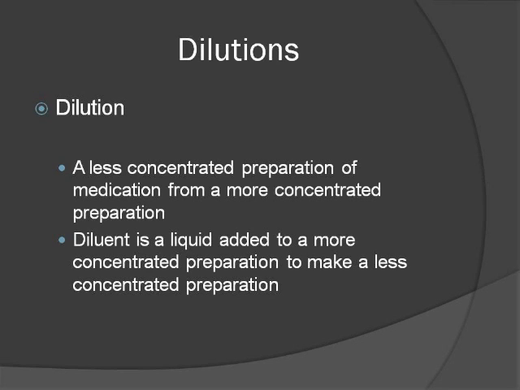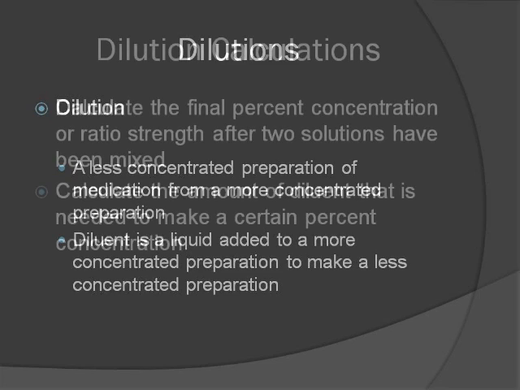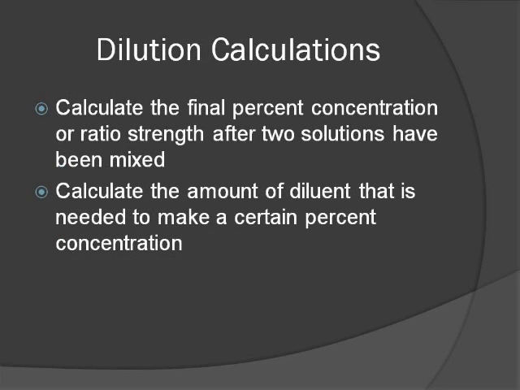Just as you recall with powder volume, that's when we would add water to the powder, and the water was referred to as the diluent. Such is the case with our dilution problems. Dilutions are covered extensively in chapter 34 of your calculations book.